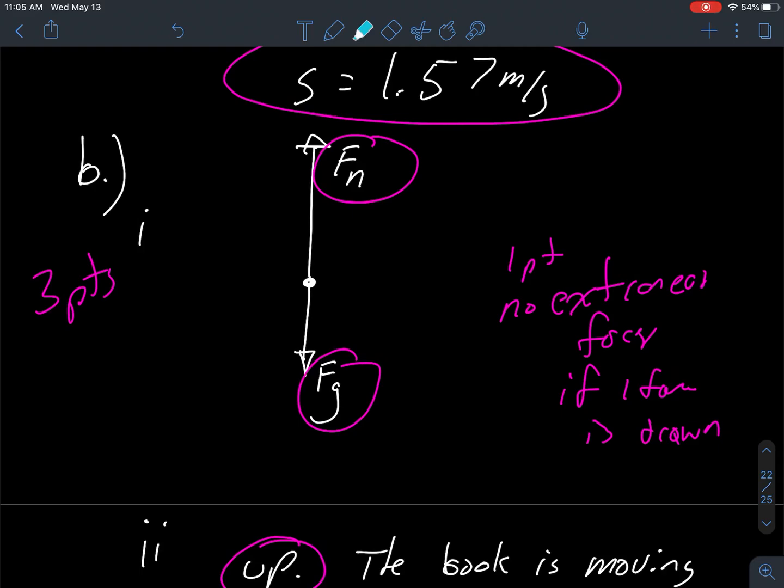They did mention that as far as the 3 points go, if you drew additional forces, like friction, then you wouldn't have gotten that third point. Keep in mind the College Board only wants to see real forces, and not the horizontal and vertical components of forces, if you're asked to draw a force diagram.